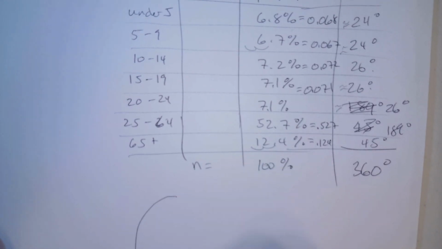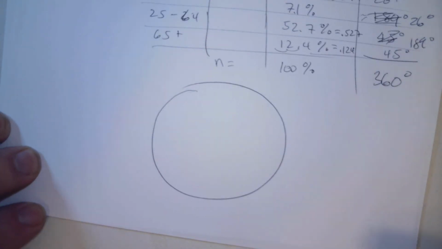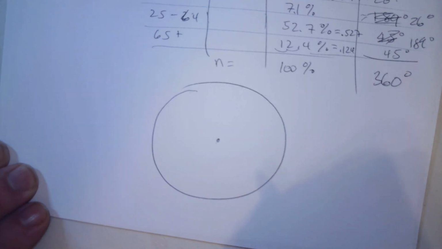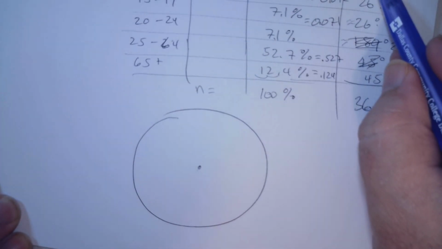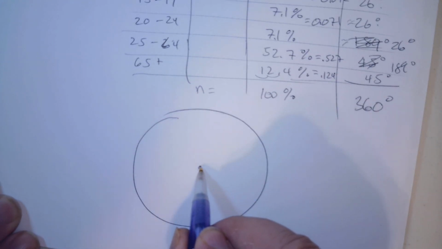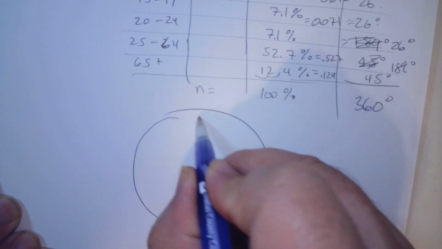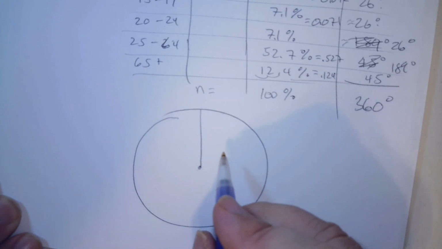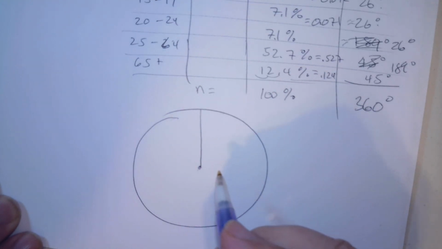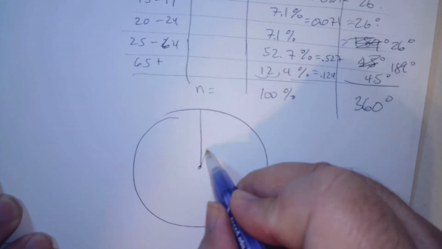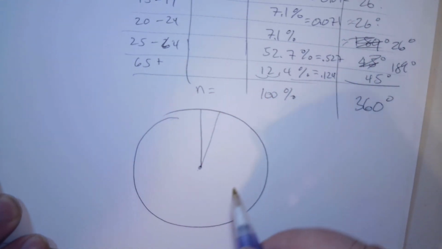So what you do there, start with the center, and find 24 degrees. So pick a line. So you could pick that line. So 24 degrees from that is, say, about there.